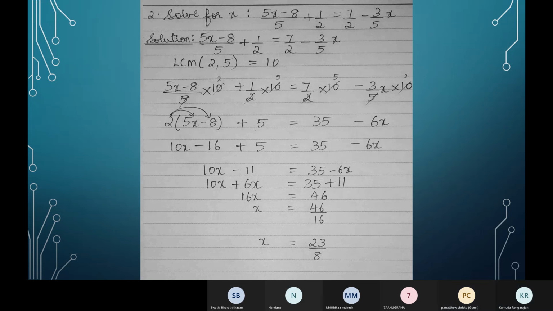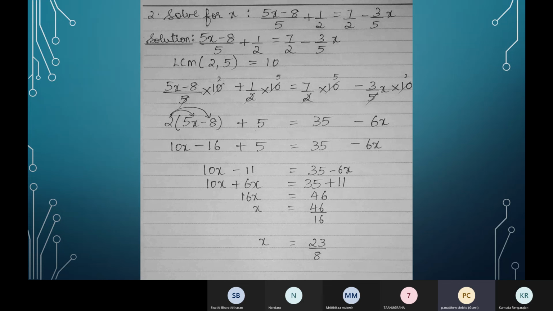What is the next step? How did we get 16x? By adding 10x plus 6x, ma'am. The x is common, so we should add 10 and 6 and put x. Perfect. What is 35 plus 11? 46, ma'am.